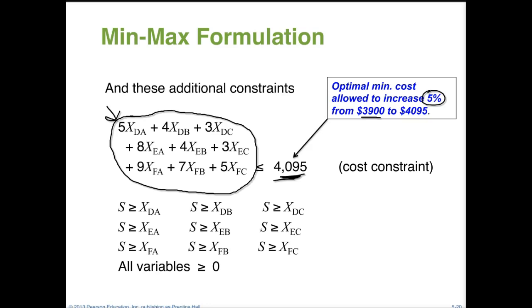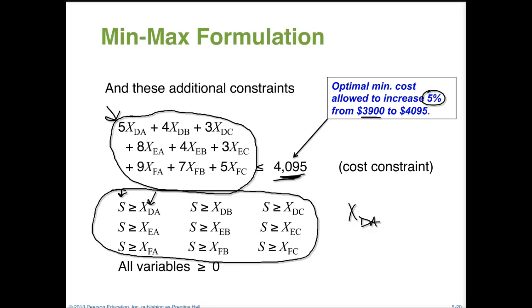Now, we also have to make sure that we pay attention to this. And so what this is saying here is that all of our variables, of course, have to be non-negative, but this is saying that the amount that we're shipping from Des Moines to Albuquerque is going to have to be less than or equal to this particular number. Now, it's written as S is greater than or equal to X sub dA, but if we turn that around, like how we read in this hemisphere, it looks like this.